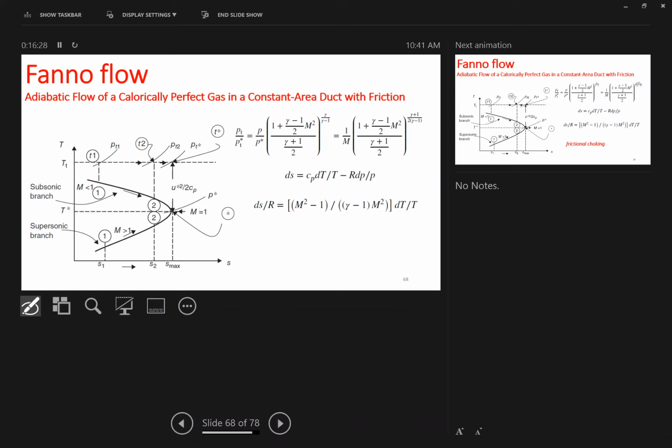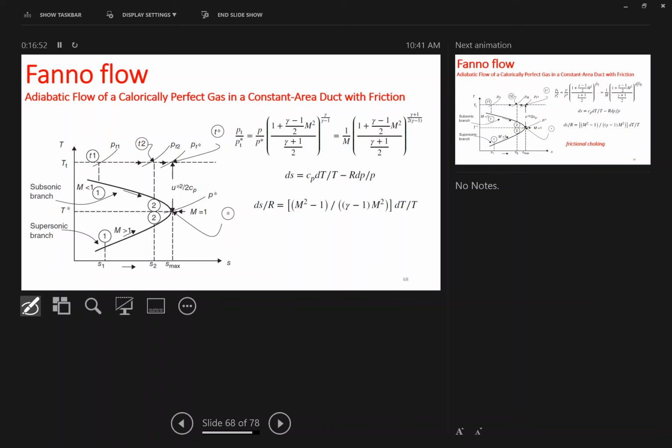In a Fanno flow, when you start from a subsonic inlet, as your entropy increases, your temperature decreases. And we can have the supersonic conditions as well.